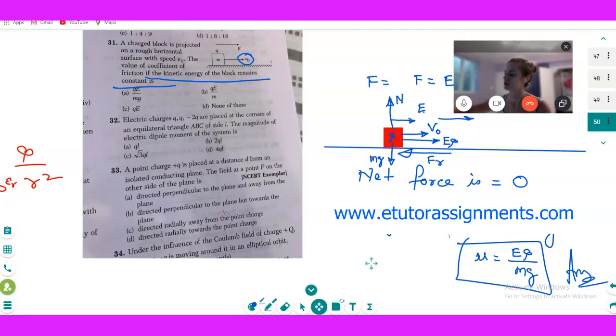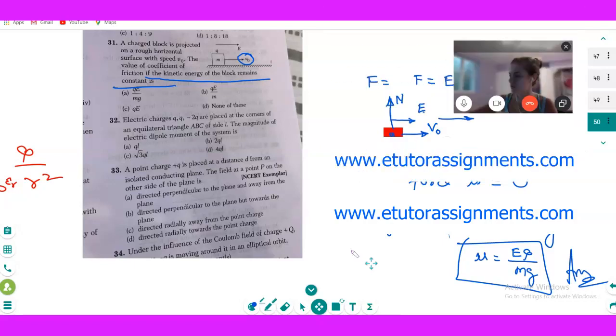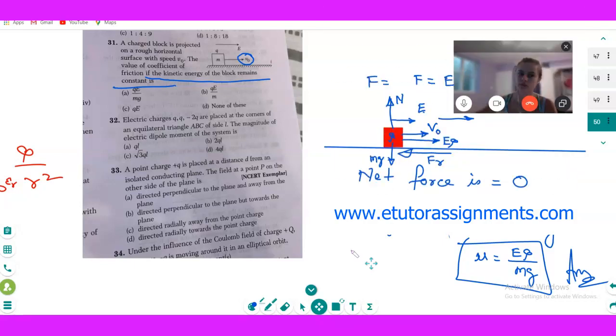Which one did you say? 70? Okay. Or which 70 one? You take 70. Not 32, you do 32 on your own, yaar. Some questions you do on your own.